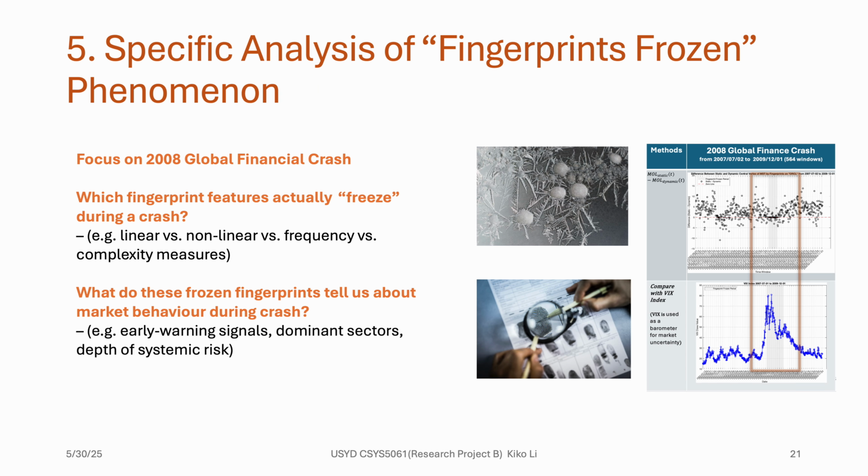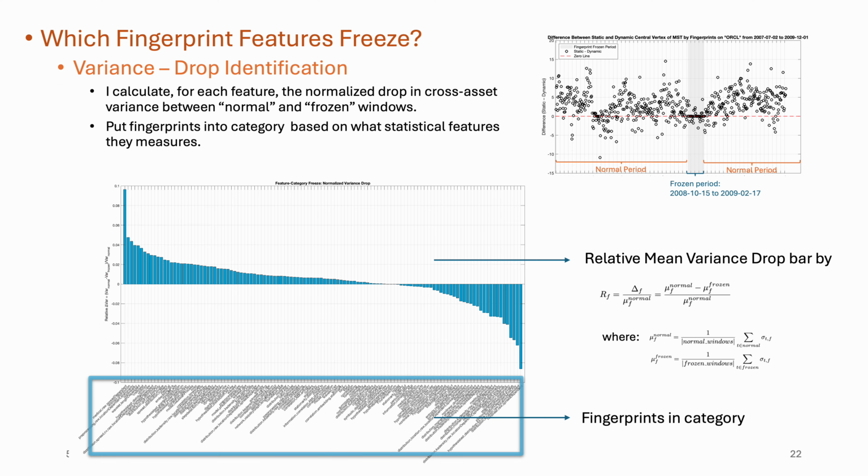In this part, I will focus on the specific analysis of the fingerprint freezing phenomenon in the 2008 global financial crash. Questions include which fingerprint features actually fall during a crash, and what those frozen fingerprints tell us about market behavior during the crash. Here we ask which individual fingerprints actually froze during the crisis.